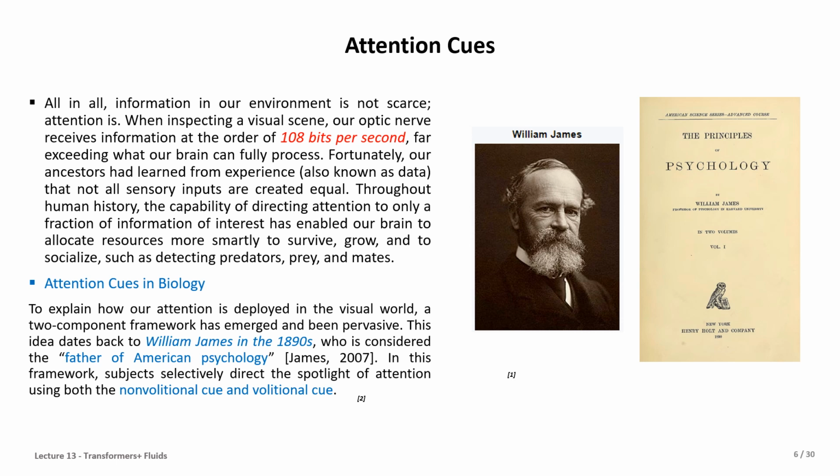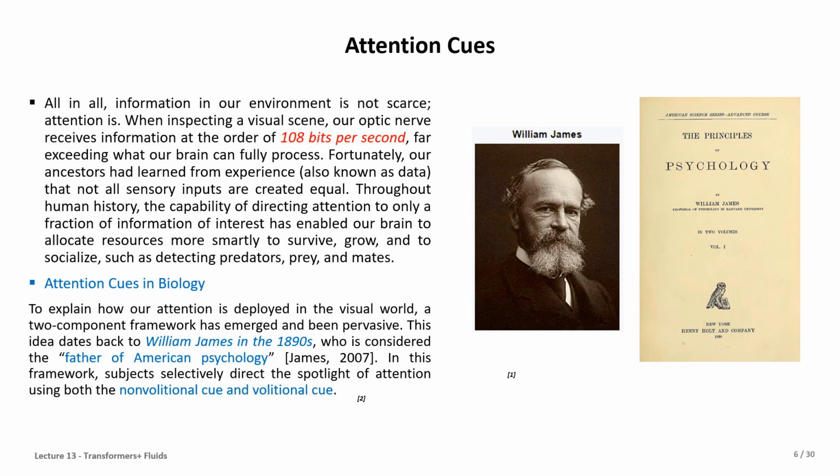Regarding attention cues in biology, to explain how our attention is deployed in the visual world, a two-component framework has emerged and been pervasive. This idea dates back to William James in the 1890s, who is considered the father of American psychology.